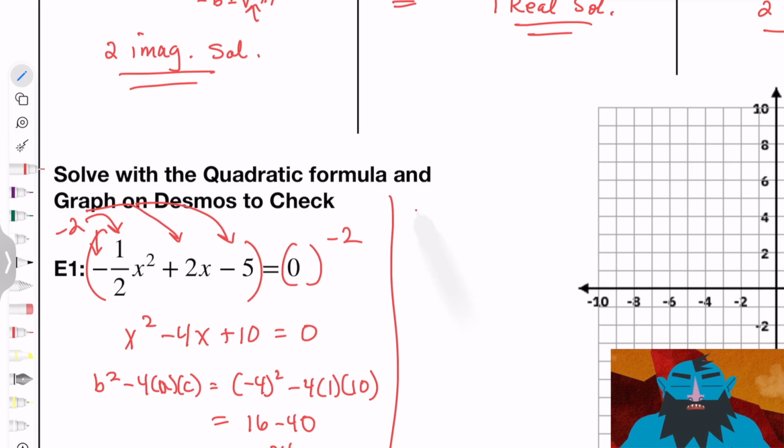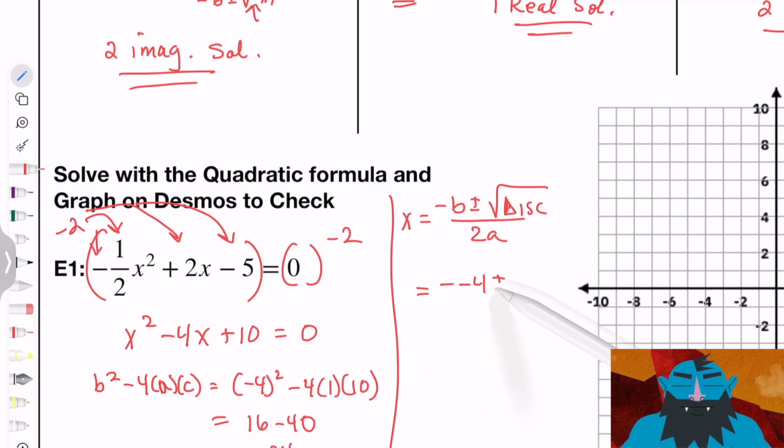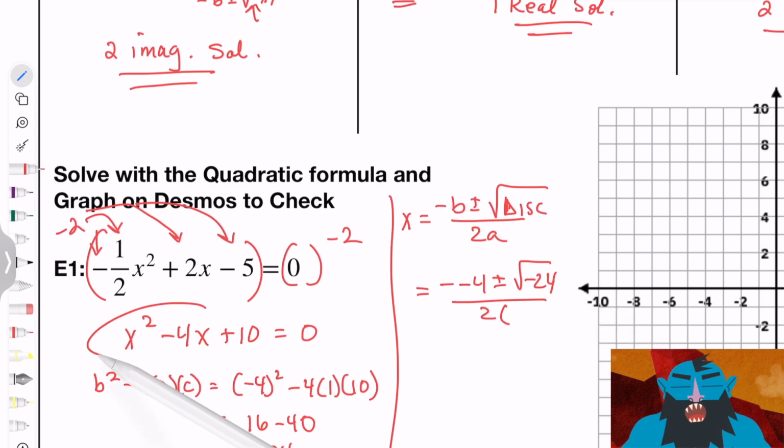So x equals negative b plus or minus the square root of our discriminant. I'm just writing the formula down again for you. So negative of negative 4 plus or minus the square root of negative 24 over 2 times a. And my a here, remember I'm using that equation, is 1.